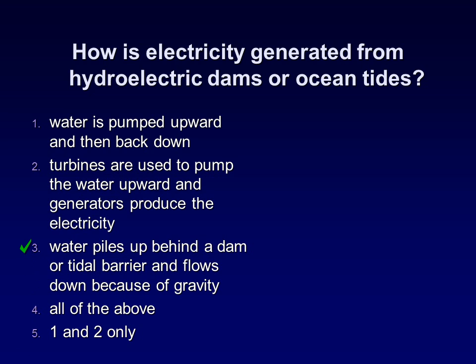Okay, water piles up behind a dam or tidal barrier and flows down because of gravity. Right? And it's that drop or flowing over that turns the turbine. And so gravity is what is doing all the work in both cases.